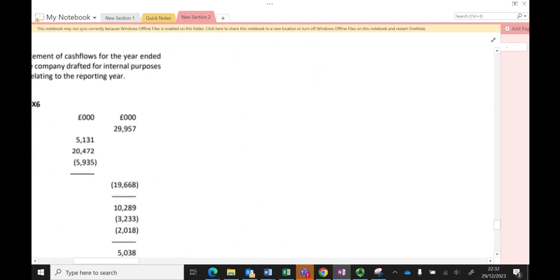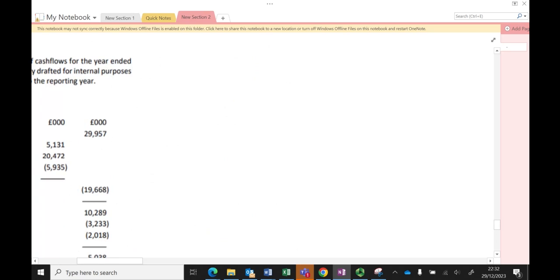So the first thing I'm going to do is draw the format. Cash flow statement of Hope Limited for the year ended 31st of July 2006.